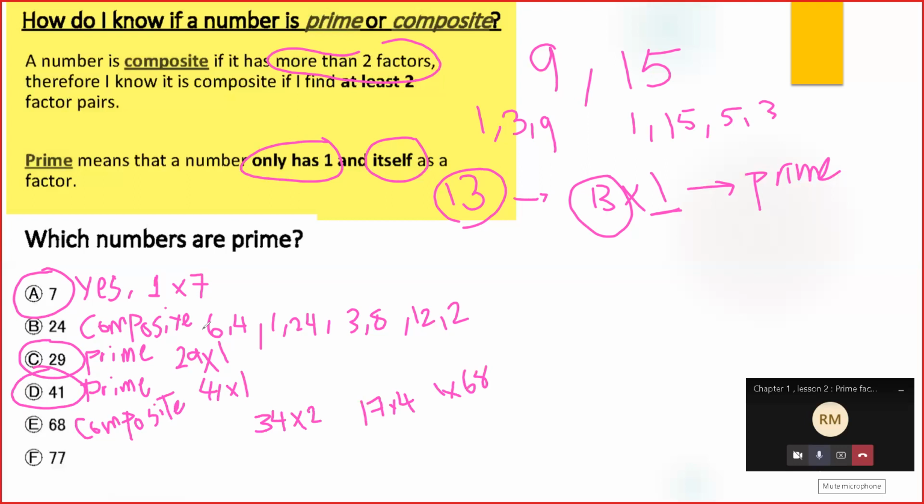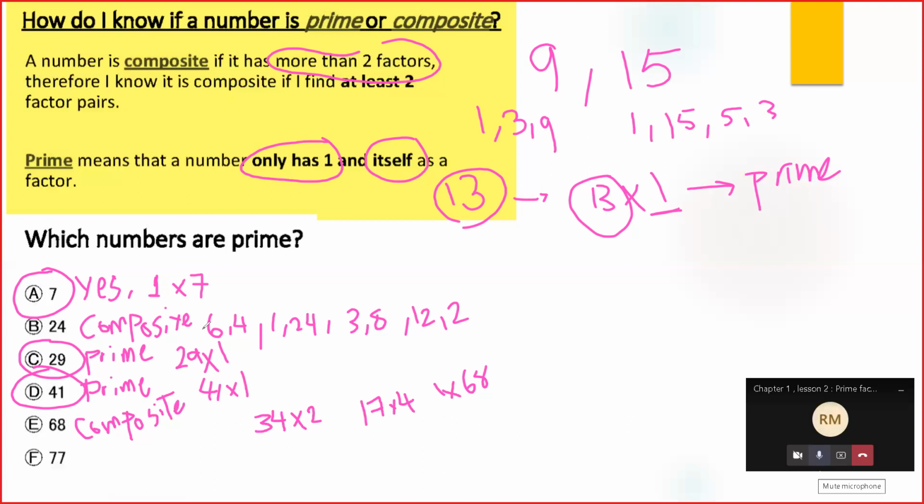Now what about 77? Yalla, who wants to help me now? Grade 6.